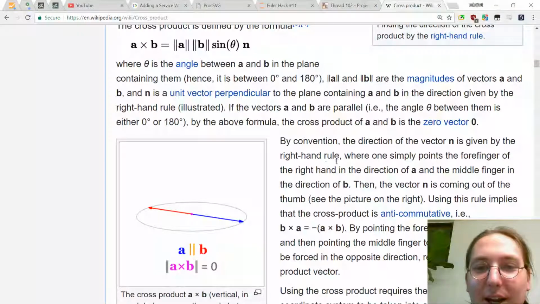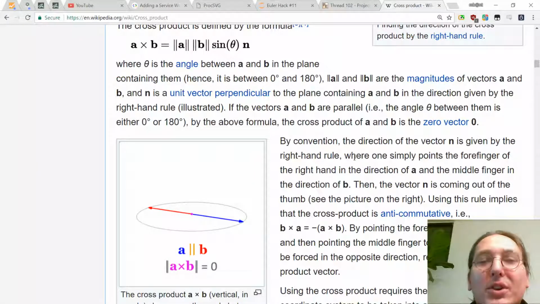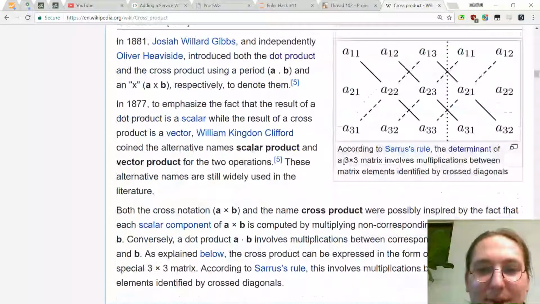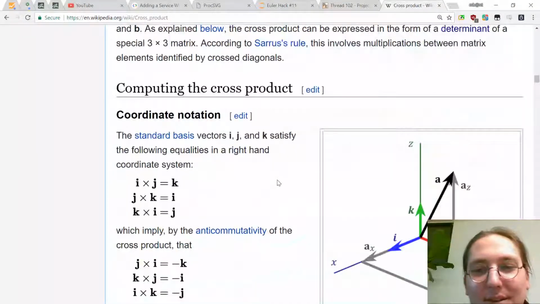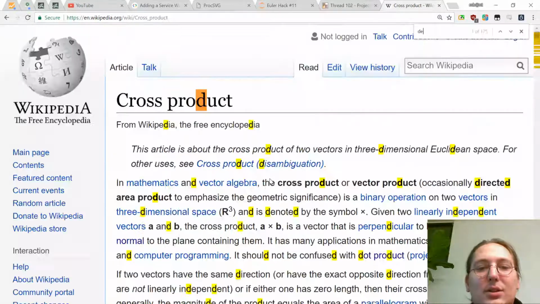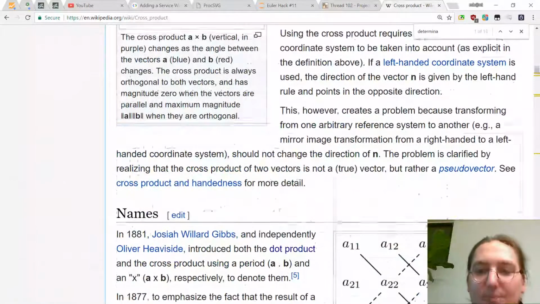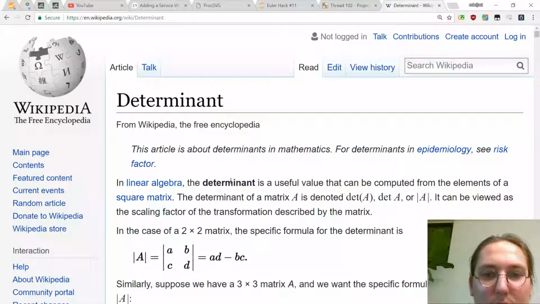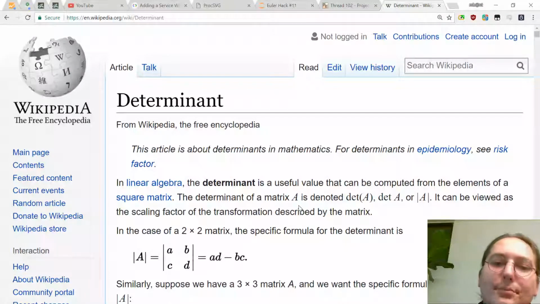I was 14 or 15 when I last looked at this stuff. Maybe. Not quite. What you're saying, determinant. So what is a determinant? Yeah. So that's the cross product. So if this is x, y of the triangle.